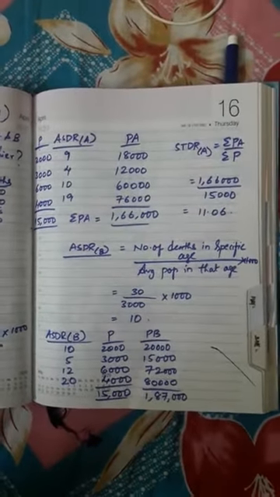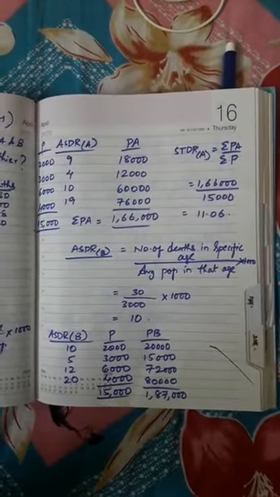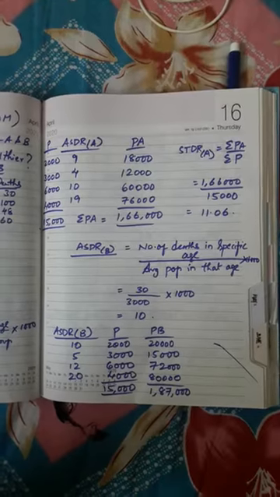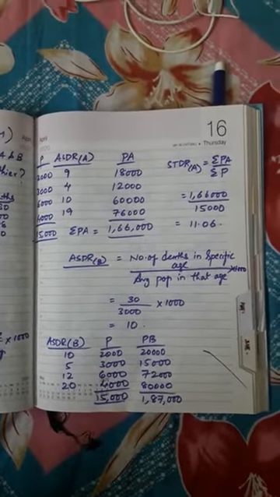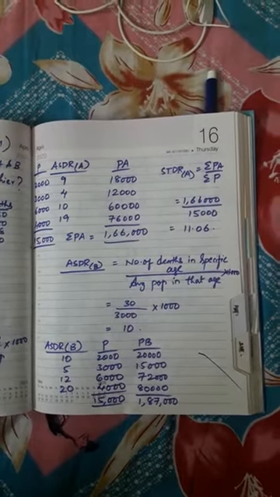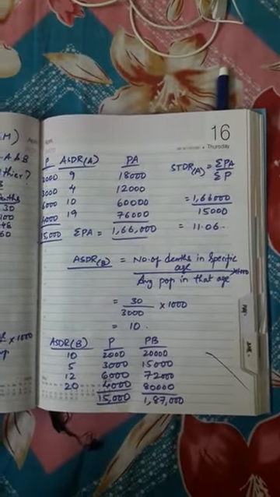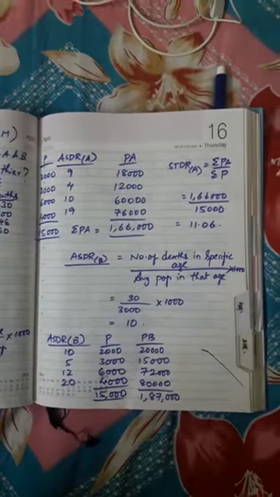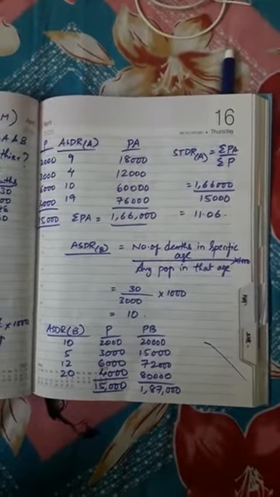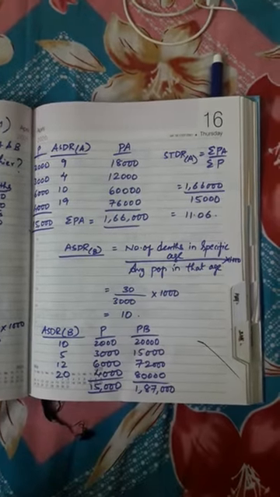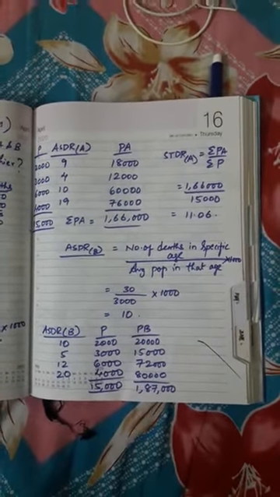And then P is common for both populations, the standard population, that is 2000, 3000, 6000, 4000. Now calculate PB. So the weighted ASDR of town B, that is P into B, multiply both. 10 into 2000 is 20,000 and so on. 20 into 4000 is 80,000.